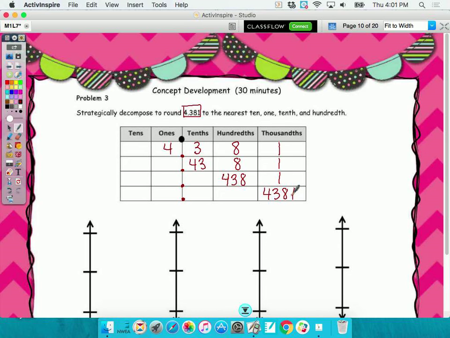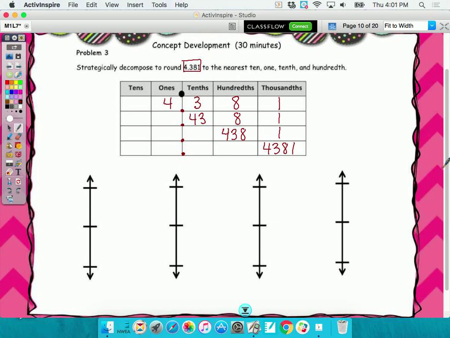Now let's label the number lines. It says to round to the nearest 10. So just put a 10 up there. The nearest 1, the nearest tenth, and the nearest hundredth. Okay, so starting with the nearest 10, I don't see anything in my tens place.